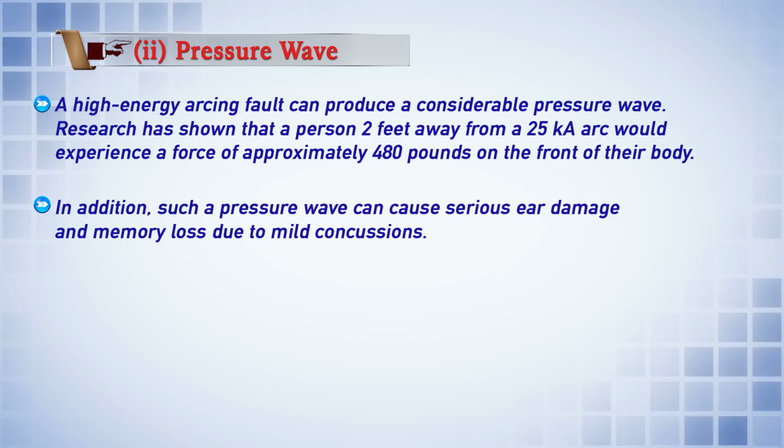In addition, such a pressure wave can cause serious ear damage and memory loss due to mild concussions. In some instances, the pressure wave may propel the victim away from the arc blast, reducing the exposure to the thermal energy. However, such rapid movement could cause serious physical injury also.